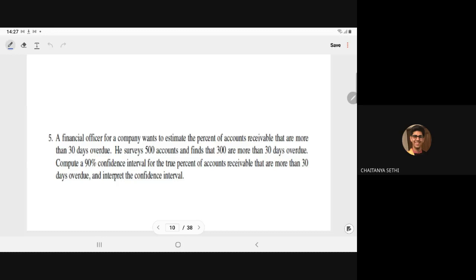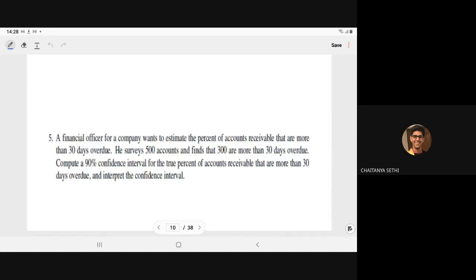Now, a financial officer for a company wants to estimate the percent of accounts receivable that are more than 30 days overdue. He surveys 500 accounts, since he cannot check all the accounts, and finds that 300 are more than 30 days overdue.